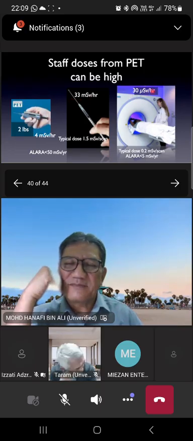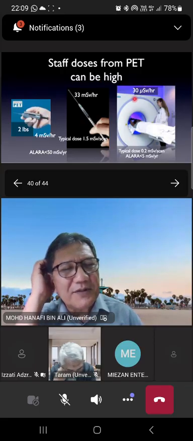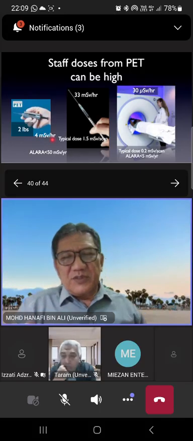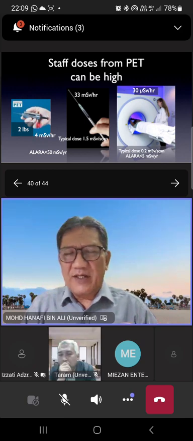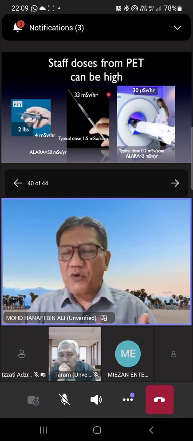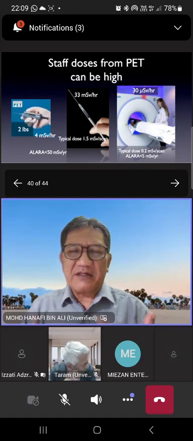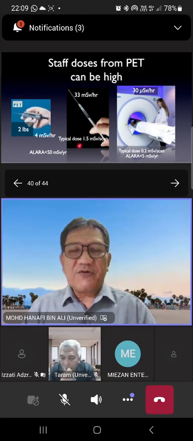Is the dose to the patient or to the staff working in the CT scan? There are a few staff working when we have one examination, for example a nurse and a porter or attendant. The nurse normally brings the patient in and then goes out.